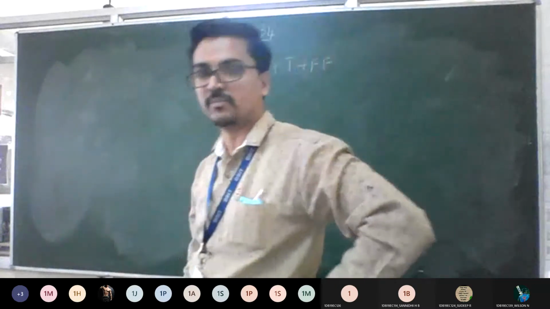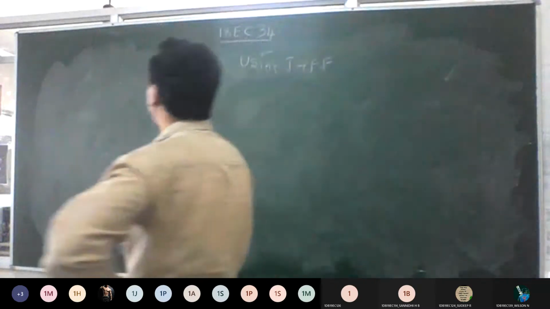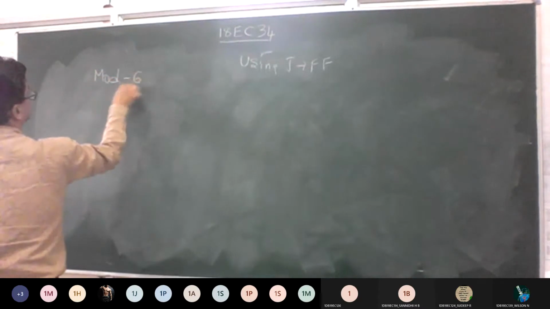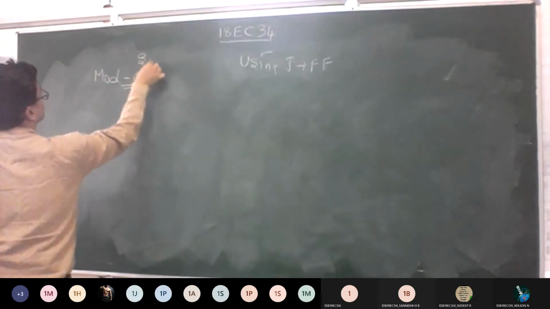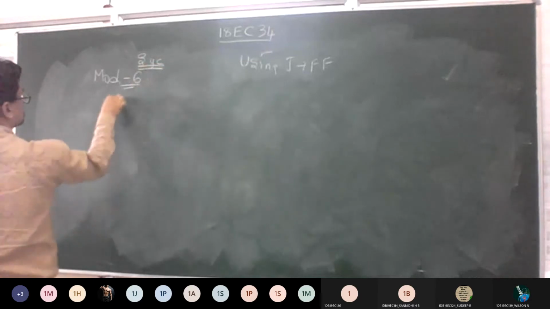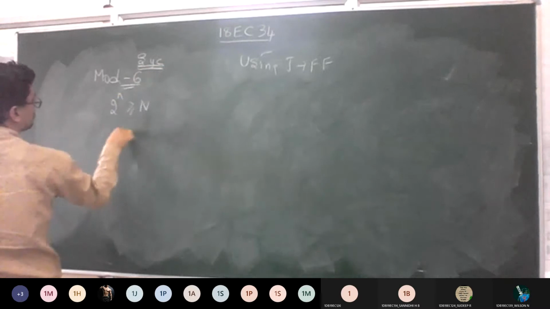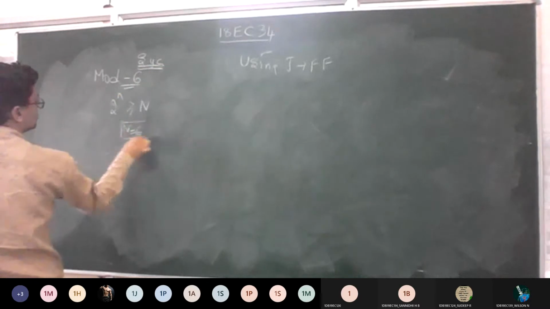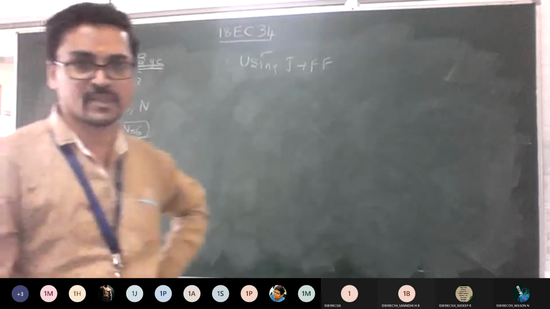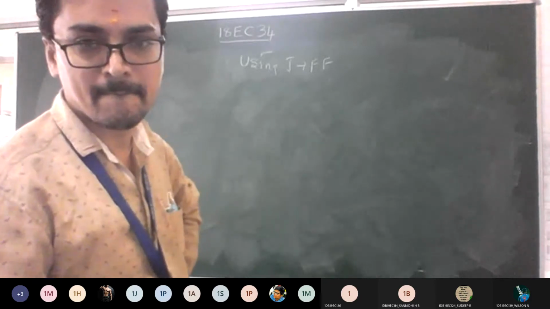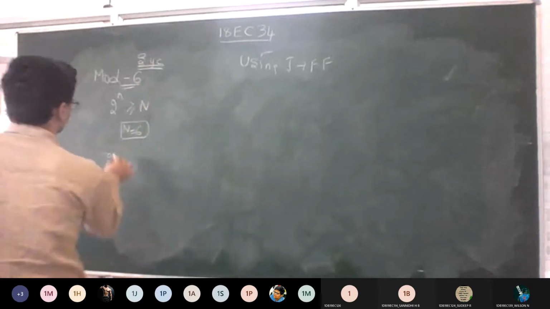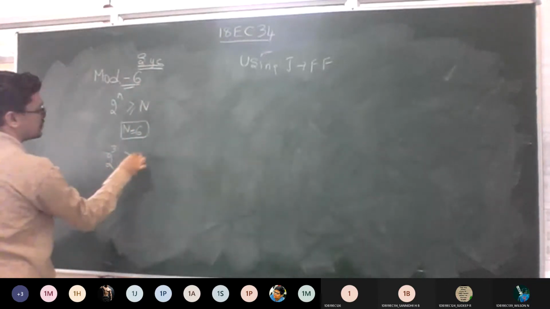So now you need to count the number of flip-flops required. So for a mod 6 counter, how many are required? So now I am performing synchronous. So it's a synchronous design. Okay? So again the same formula. So N is equal to 6, right? So what is your small n now? 2 power 3. So 2 power 3 is greater than or equal to 6.